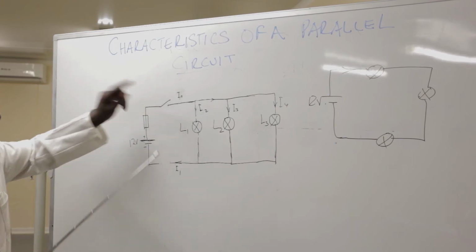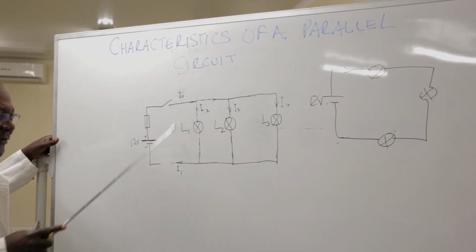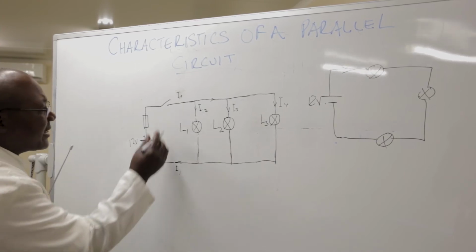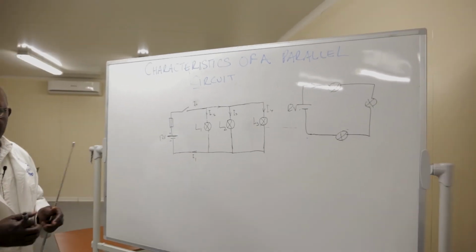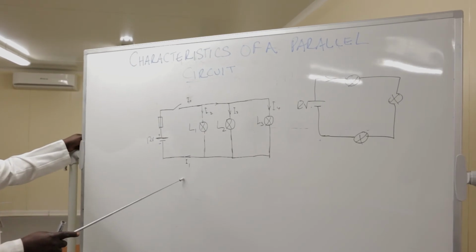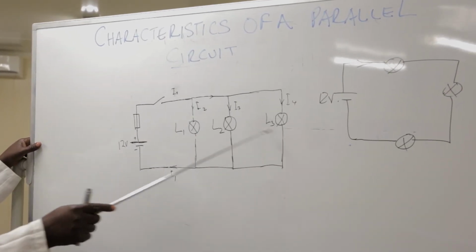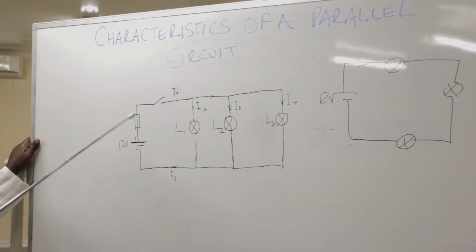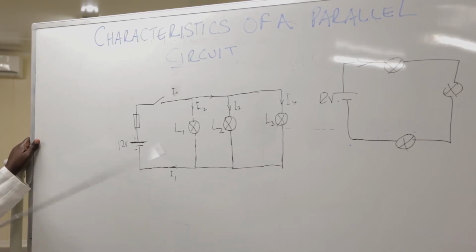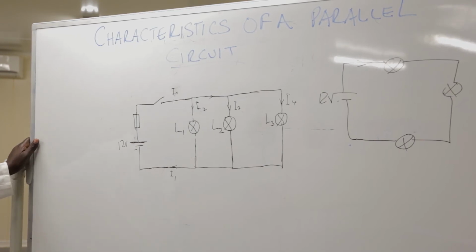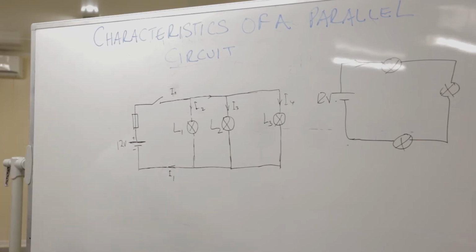If we measure the current at the source and the current at the outlet, they should be equal. The current at the source should be equal to the current at the outlet, and it should also be equal to the sum of these three. So the currents are added in a parallel circuit, whilst the current remains the same in the series circuit. I hope that makes sense.